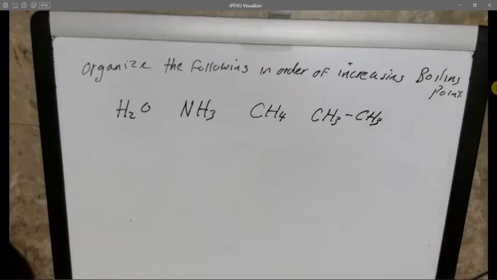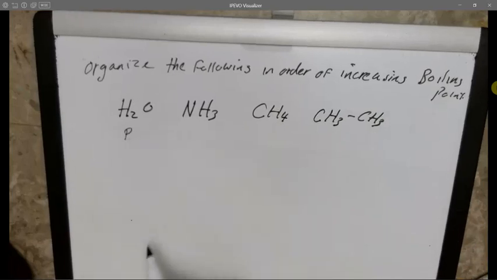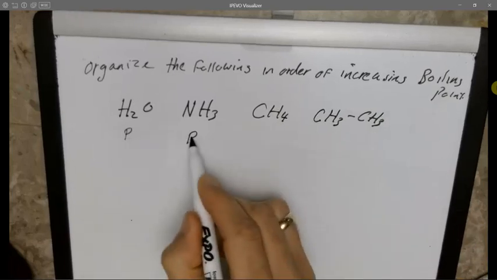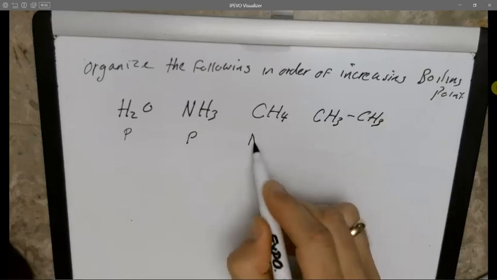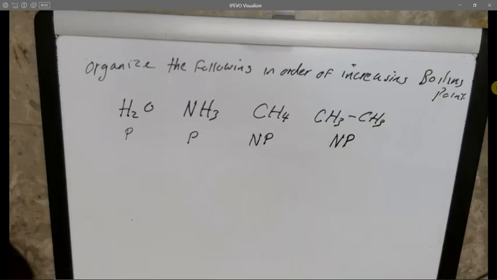Okay. So the way I would do this is I would first classify them as polar or not polar. So this thing here is polar. This thing here is also polar. This thing is not polar, as I showed before. This is also not polar. It's symmetrical. In all proportions, it's just symmetrical. Okay.